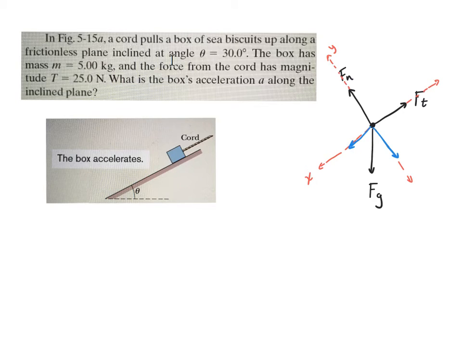So this is the X component, this is the Y component itself. Now, it turns out that the X component is always going to be FG sine theta, not cosine. That's where it gets tricky. And the Y component is always going to be FG cosine theta.